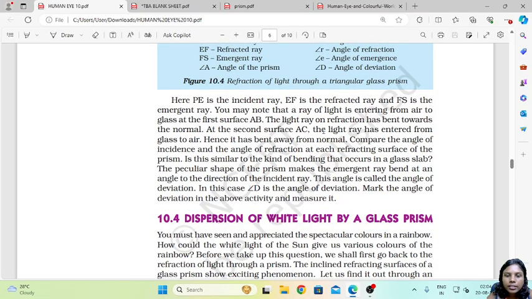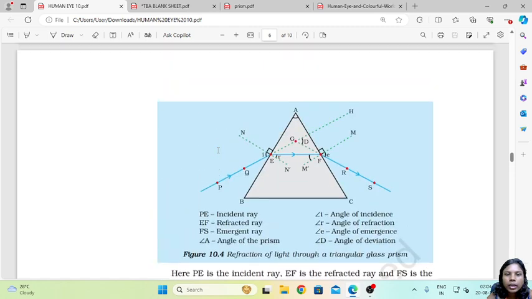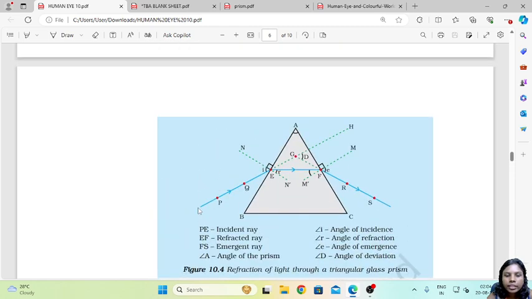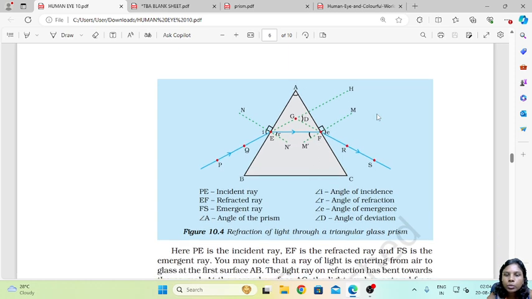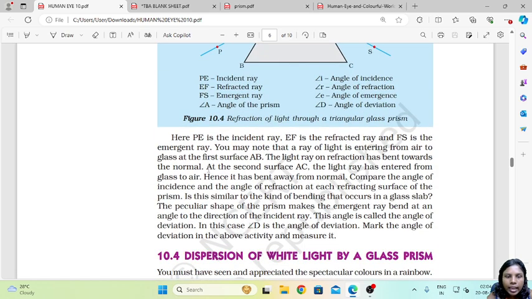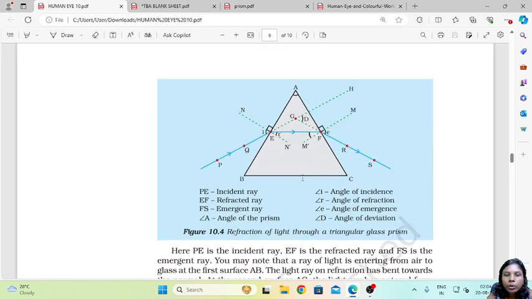At the second surface AC, the light ray has entered from glass to air. So first it entered from air to glass and then the ray bent towards the normal. Now again it is going to enter from glass to air, that is the AC surface. Hence it has bent away from the normal.